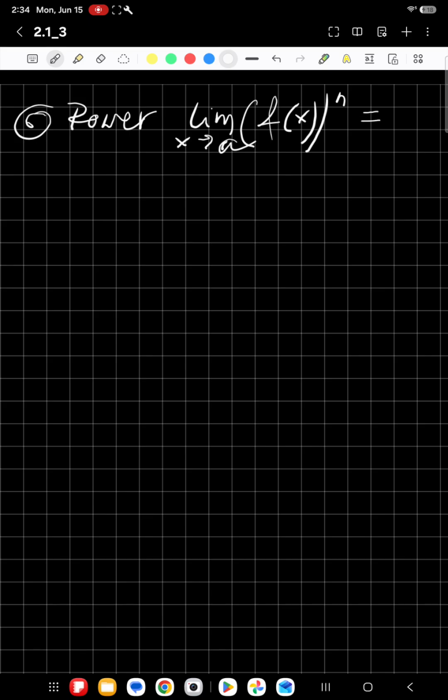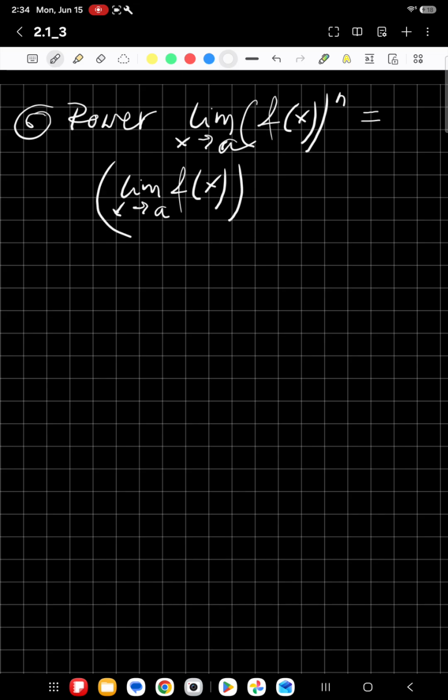That exponent n applies only to the function, not to the entire expression. I'm not raising the whole limit to the power of n, I'm raising just that function to the power of n. Actually, it turns out it's the same as if I was raising the whole limit to that power of n. So, x approaching a, now I have that function.